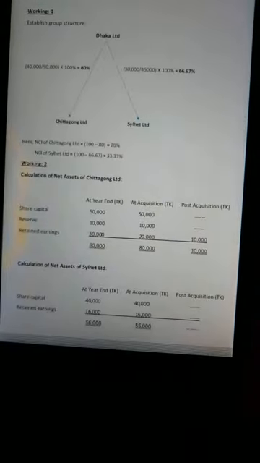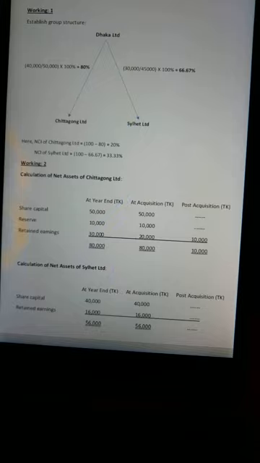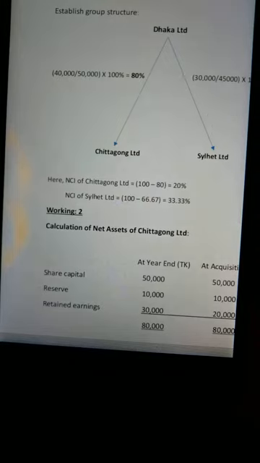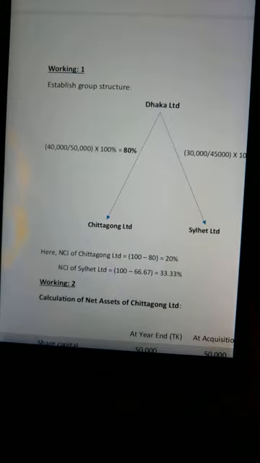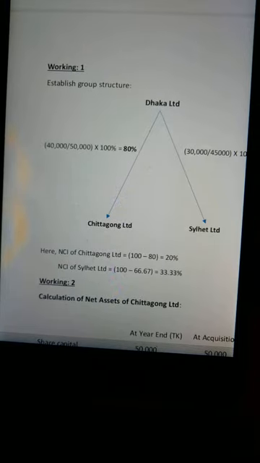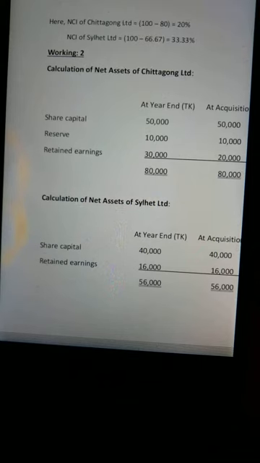So now let's get started, as we will go to the first working. At first you have to remember how the workings will start. The first working is about establishing the group structure, and the second working is about the calculation of net assets of the subsidiary companies.